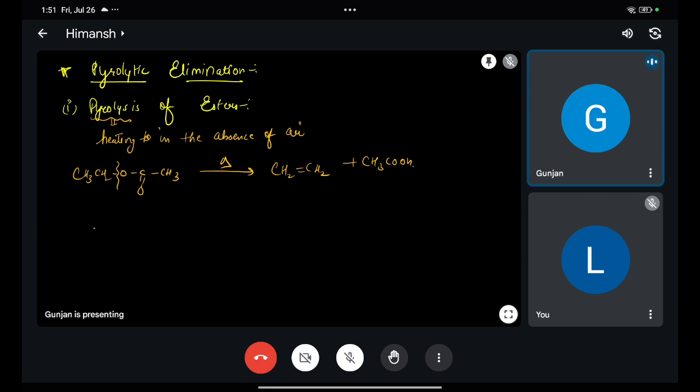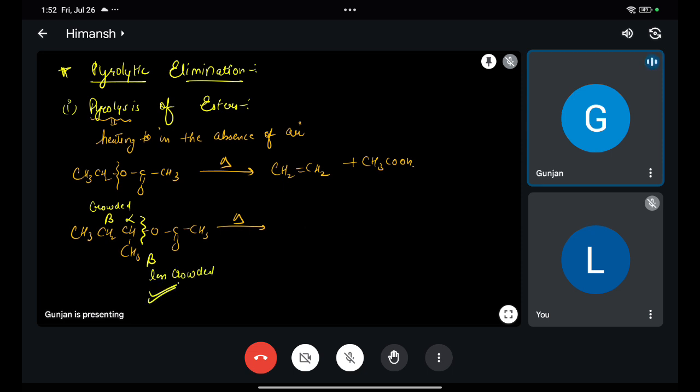So let's say we are having this other type, heating it. We have to consider that we are breaking this bond out, right? When we break this bond, this is the alpha carbon and this one is the beta. This one is also beta. But which alkene will we create? This is crowded. This is less crowded.